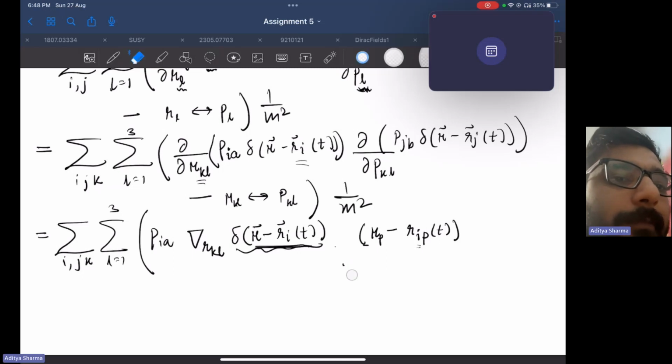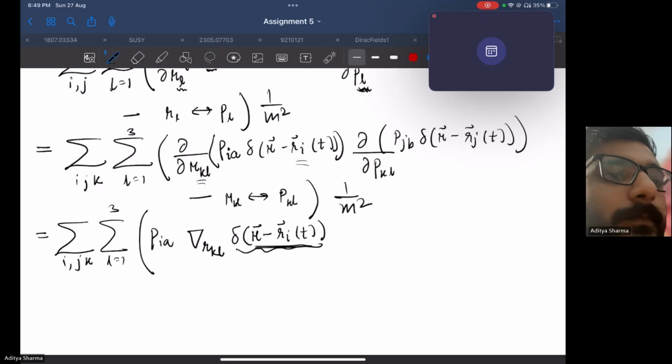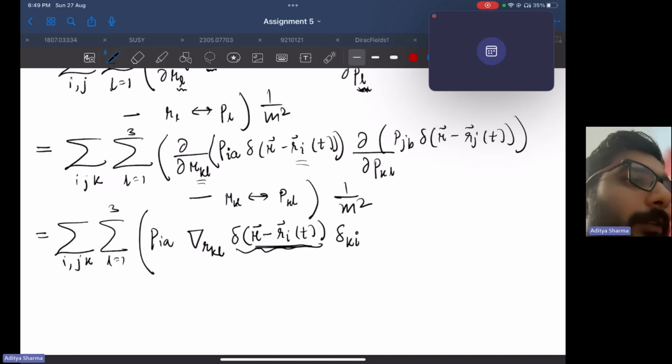So you will have Dirac delta of K with I, and we are not going to write it for L, because you see this is summed over.